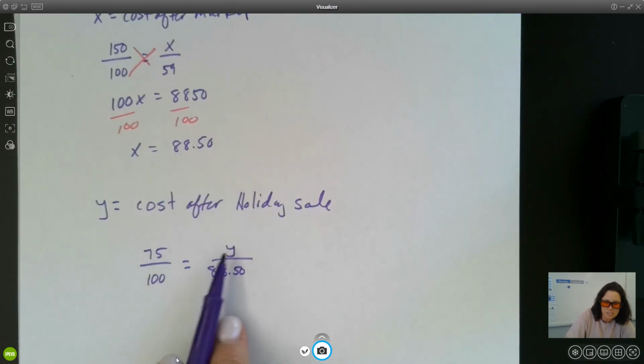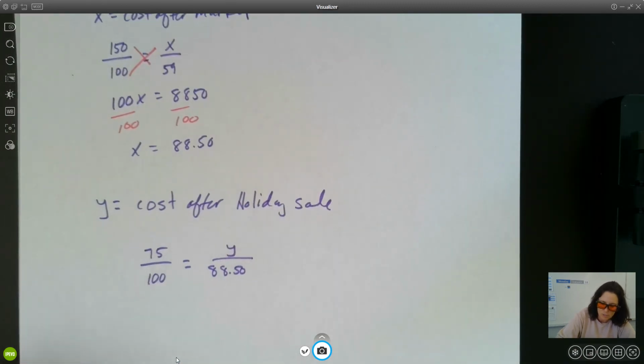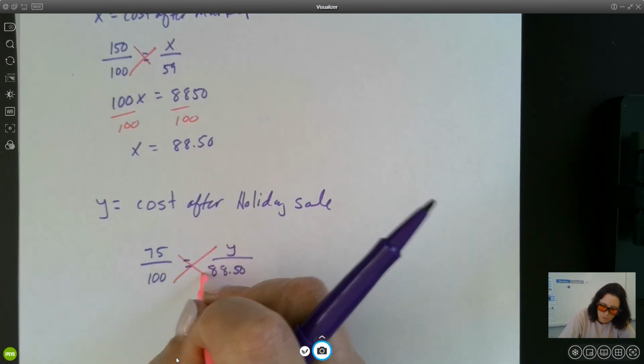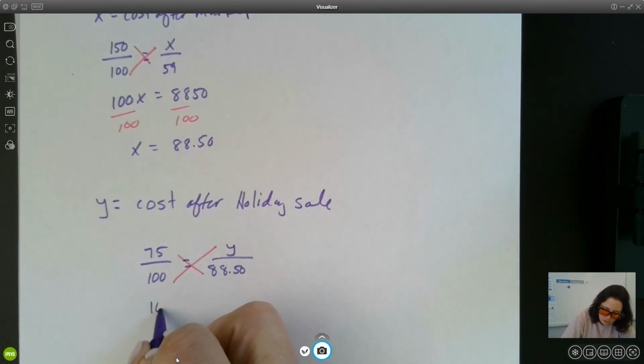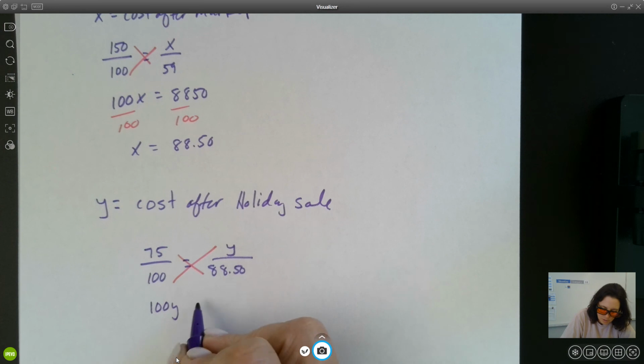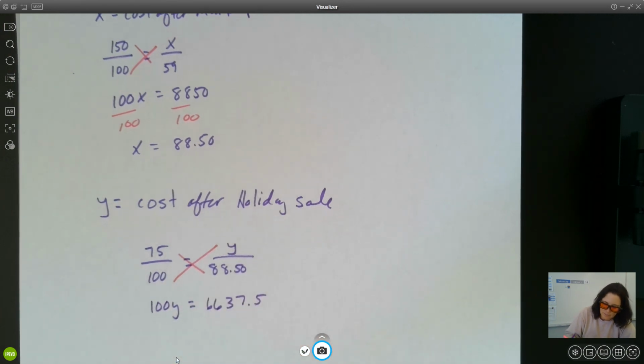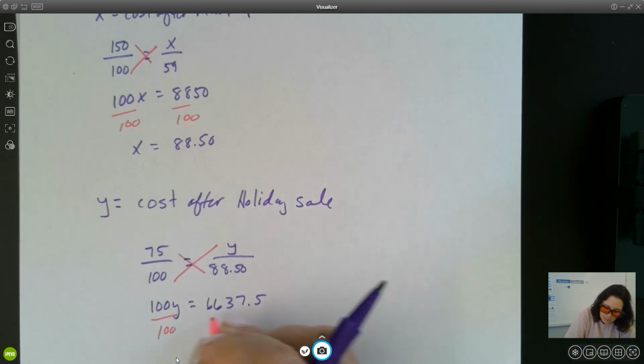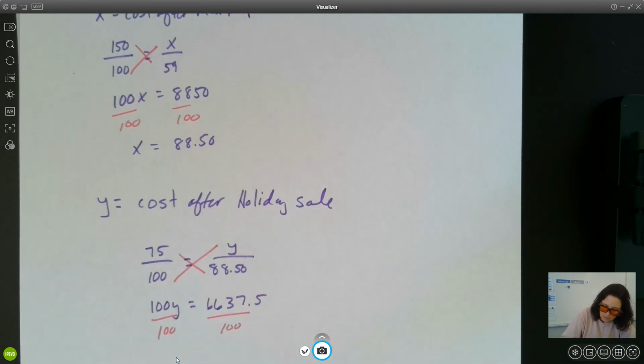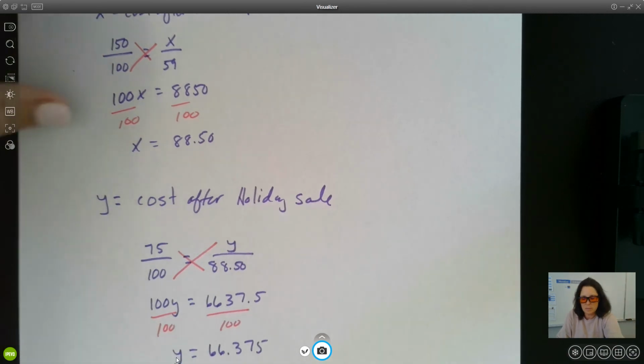So 100Y equals 6637.5. Divided by 100, Y equals 66.375. Okay, now this rounded to the nearest cent, let me push it up.